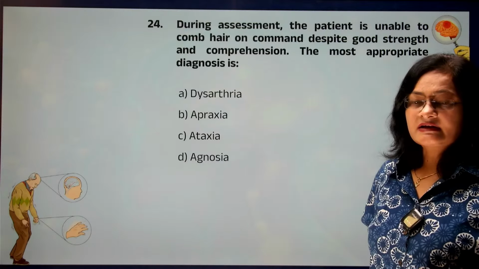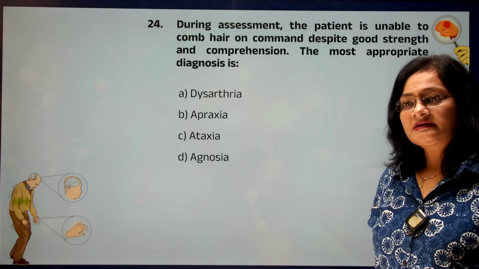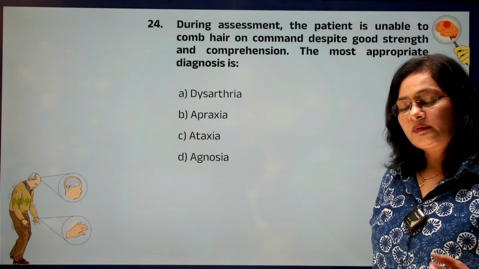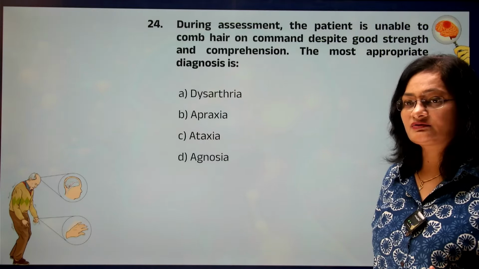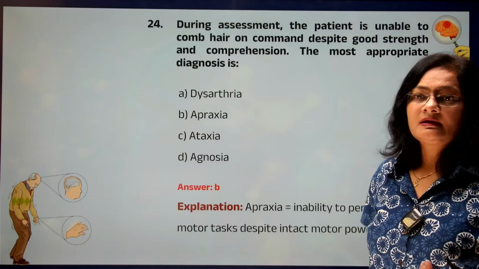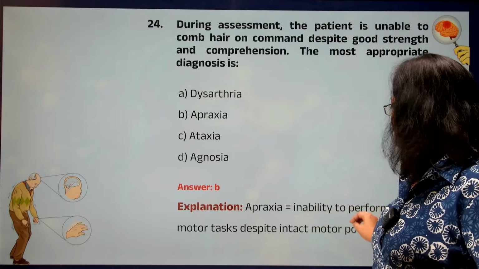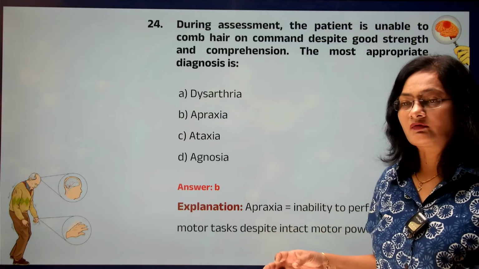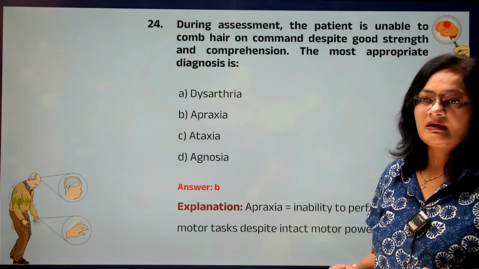Dysarthria is a speech related problem. Apraxia is a perceptual disorder. Ataxia will be produced because of affection of cerebellum, which is not mentioned in this question. And agnosia. So our answer will be B, apraxia. Apraxia is inability to perform learned motor tasks despite intact motor power. So following command will be difficult in case of apraxia.